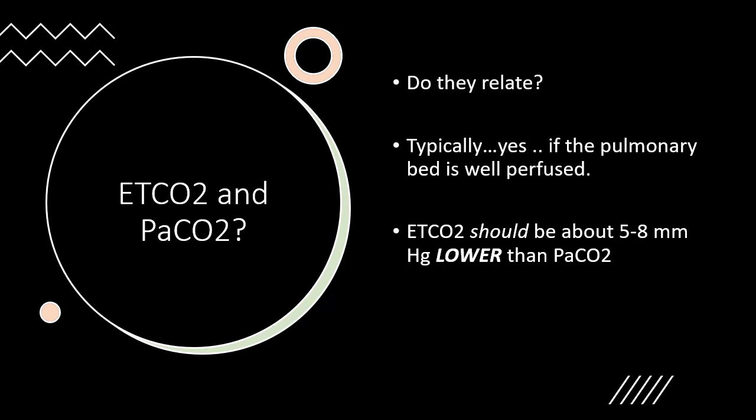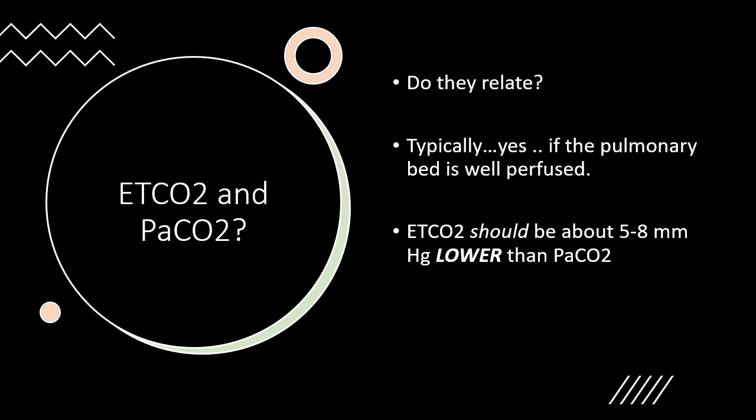So what is the relationship? I've really talked about how oxygenation and ventilation are two separate issues, but what is the relationship between end-tidal CO2, what we measure at the end of a tidal volume breath, and PaCO2, the measure of CO2 in the bloodstream? They are closely related as long as the pulmonary bed is well perfused.